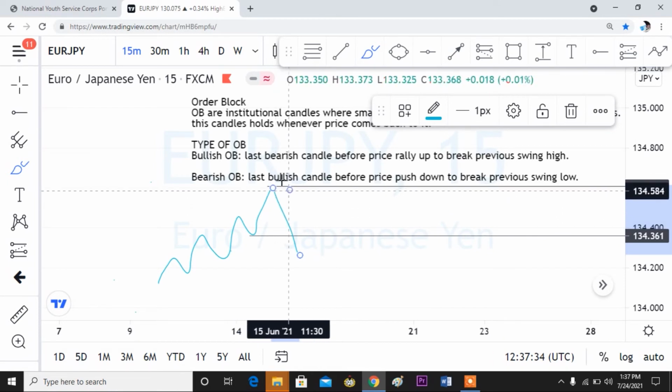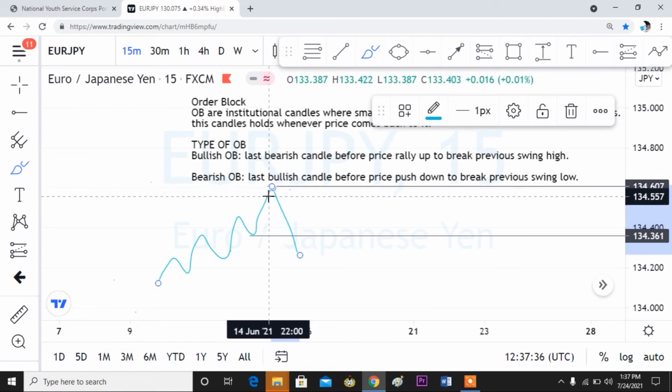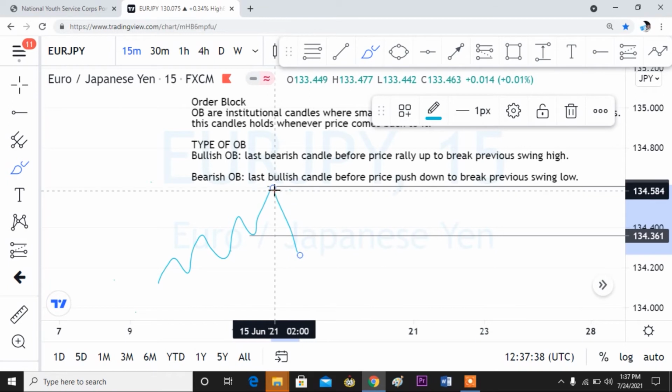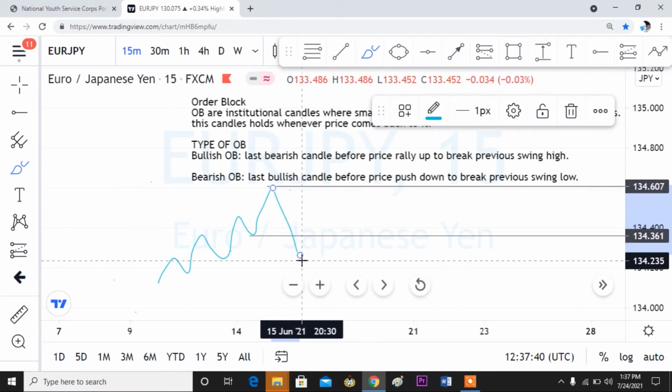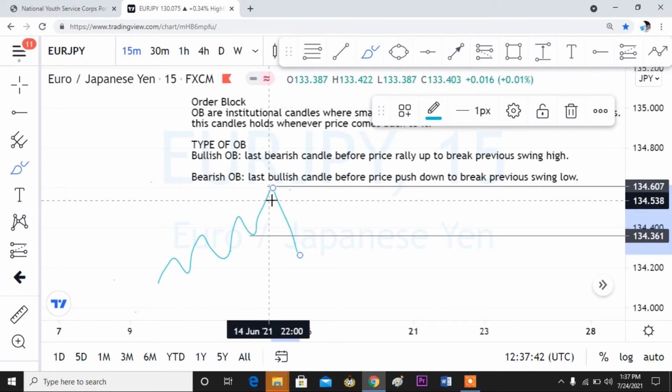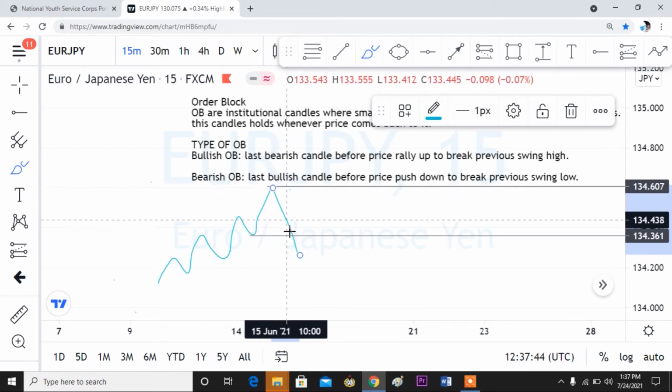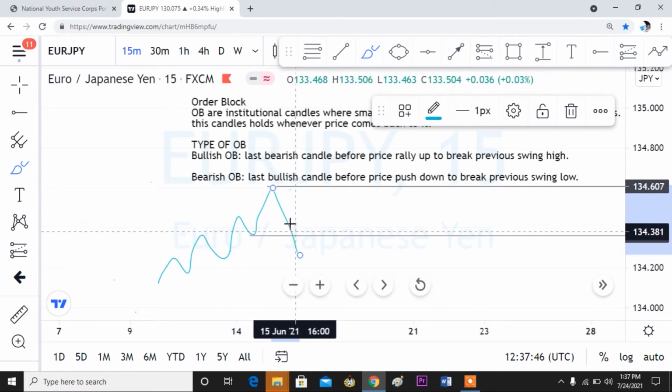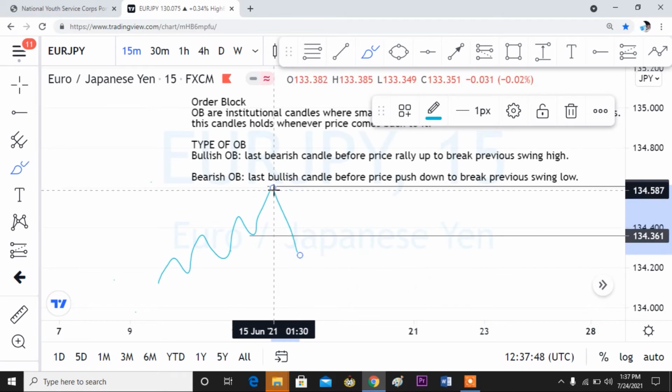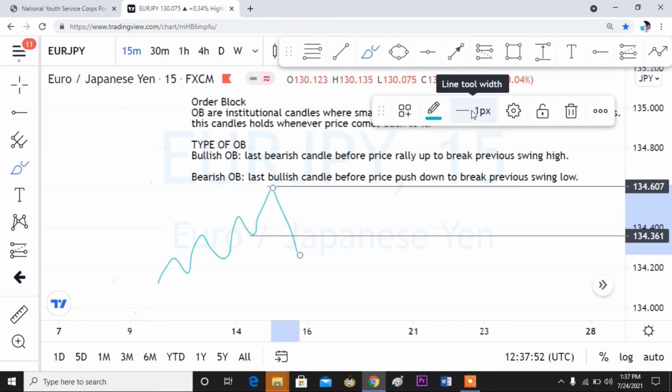So what we do is indicate the last bullish candle here that caused this move down. If we look for the candle that breaks the market structure, the swing low, then we map out that level as our point of interest.